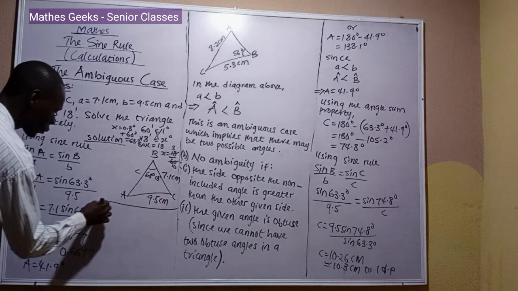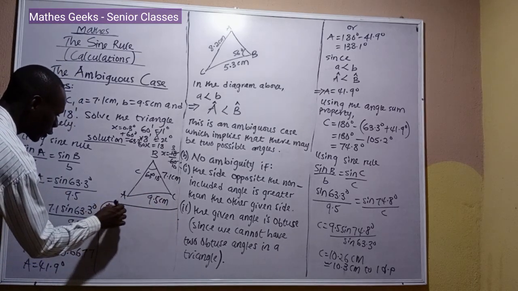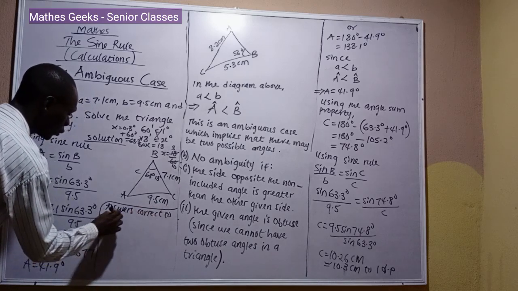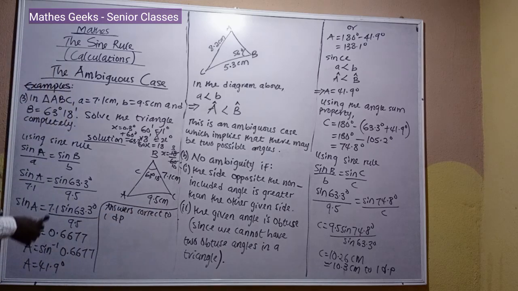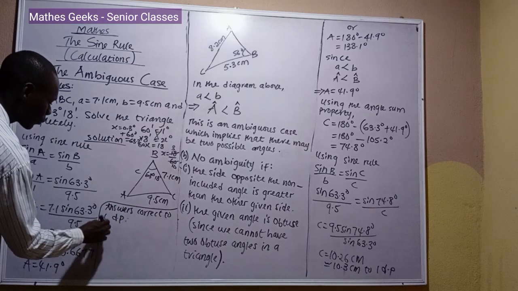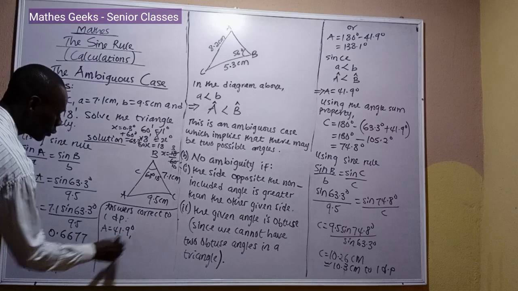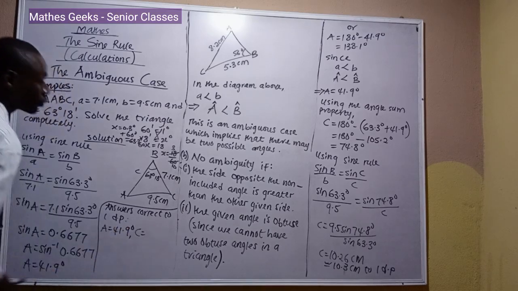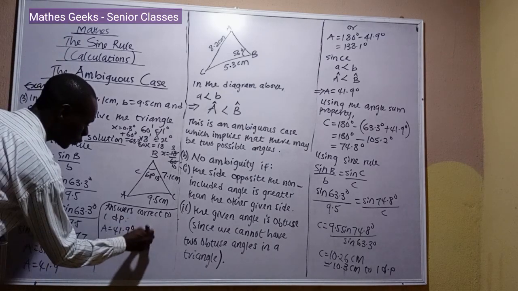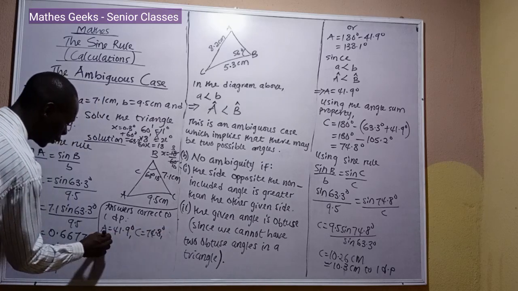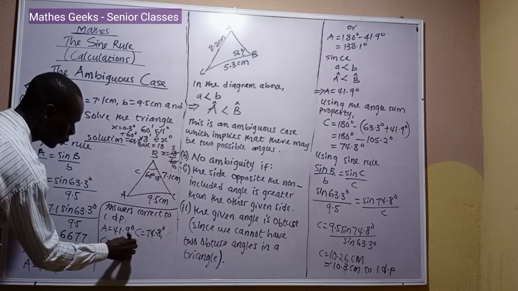Finally, the answers correct to 1 decimal place are: angle A is equal to 41.9 degrees, angle C is equal to 74.8 degrees, and side C is equal to 10.3 centimeters.